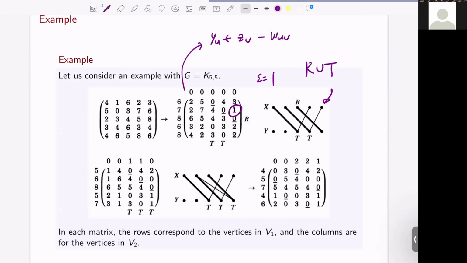So you increase the value by 1 for the vertices that are part of the vertex cover from Y. And for the vertices in X minus R, you decrease the value by 1. So these values, 6, 7 go to 5, 6. And 6, 8 go to 5, 7. And these values are increased by 1.